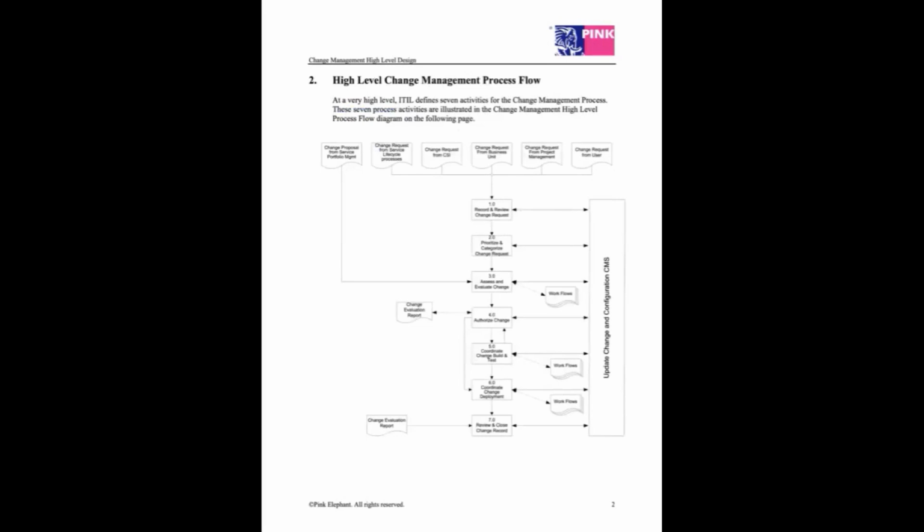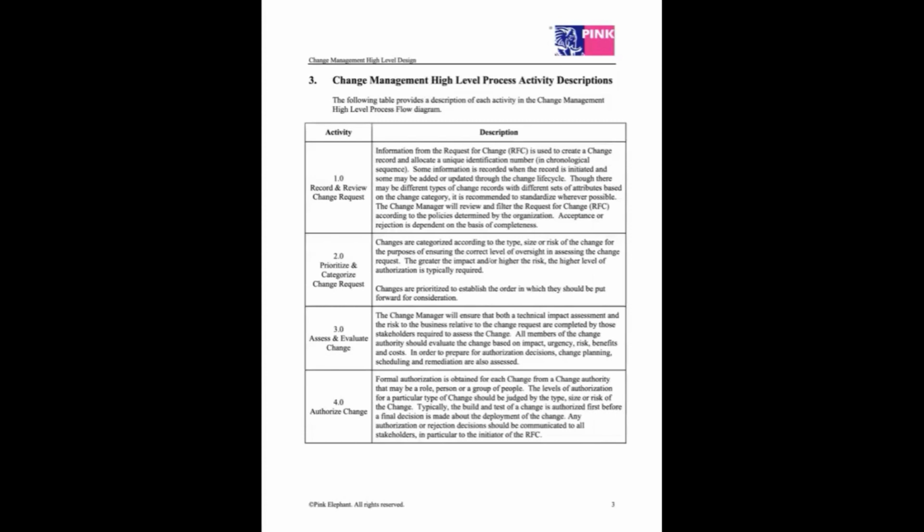So as you go through and validate this, you want to make sure that the activities that we've defined fit within the scope and goals and objectives that you have within your project. Again, the Visio files for this diagram are fully available and can be edited. And then we go into providing a description of each of those activities.